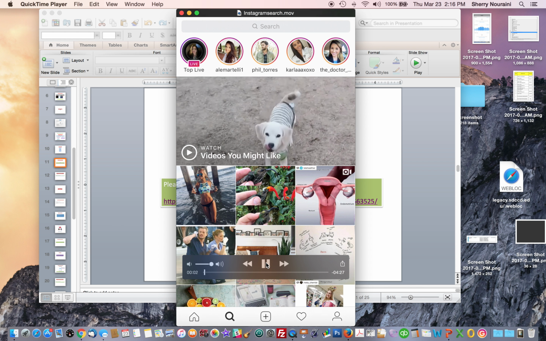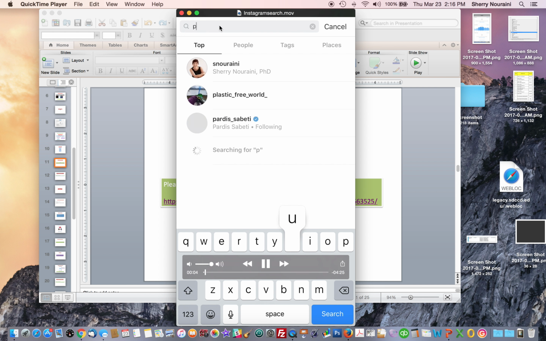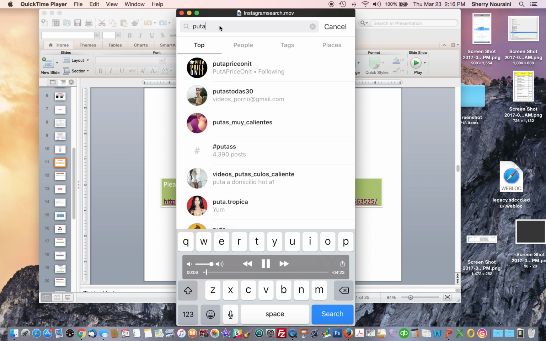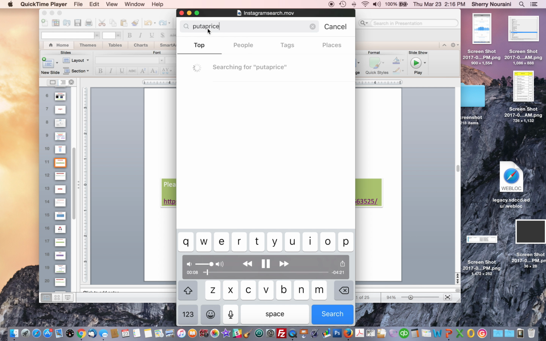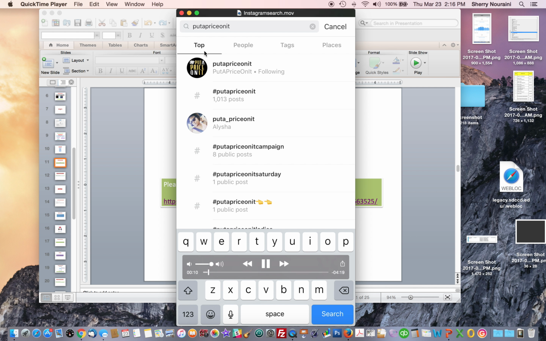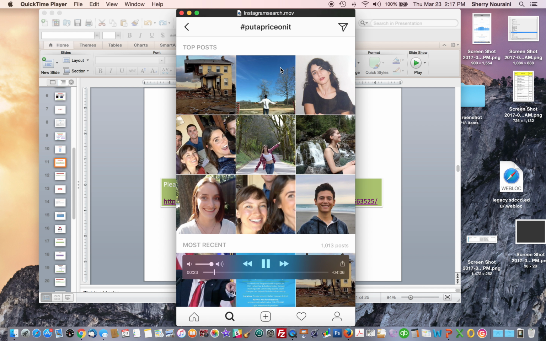So we go to the search box and start putting the keyword in there, and you can get results based on the top performing accounts or hashtags. You can look for people, and also for tags and places. We're interested in tags, so we click on "put a price on it," and there are top posts shown on the top and most recent on the bottom.